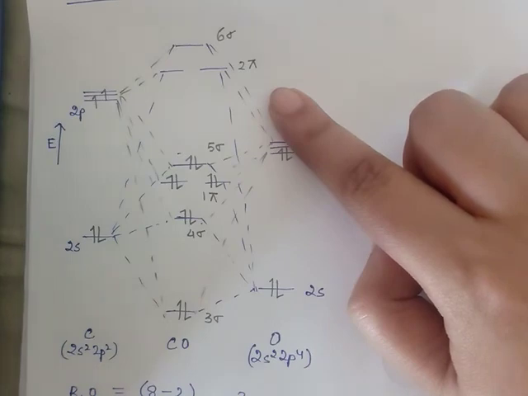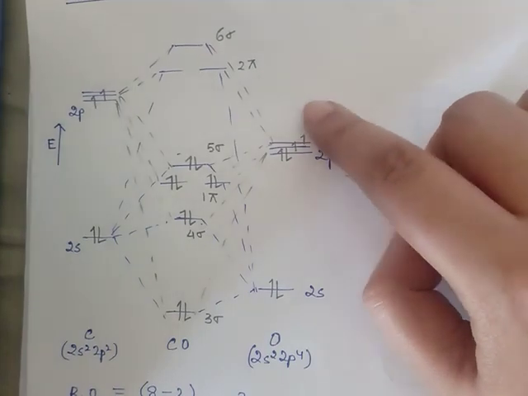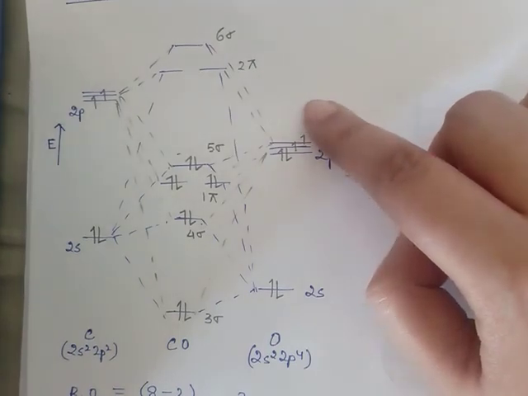Another very common question that is asked is compare the molecular orbital energy level diagrams and the electron donating and accepting properties of dinitrogen with CO. The reason for that is because they are isoelectronic, that is both CO and dinitrogen have 14 electrons.